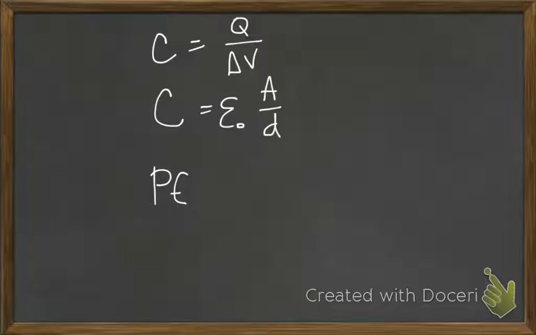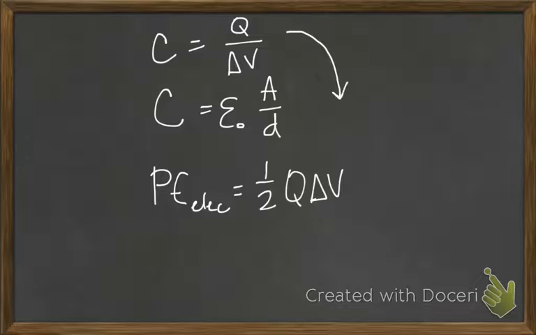And then electric potential energy, we've looked at it as 1/2 Q delta V. If you combine this with the first equation up here and do a little bit of rearranging, because we're going to replace Q, it ends up being 1/2 C delta V squared. So again, we're just using a couple of different equations to derive a new one. That last one wasn't produced within the PowerPoint.